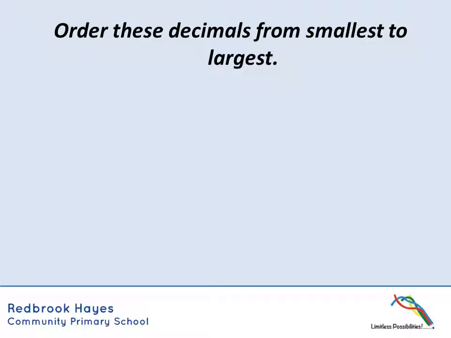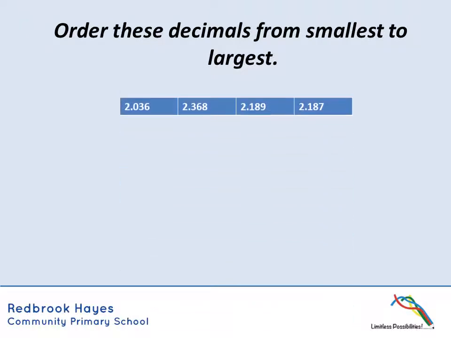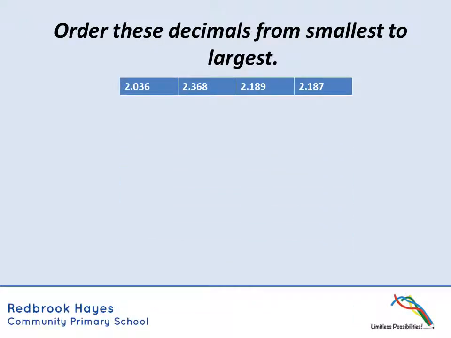So another type of question that you might come across with decimals is to order them, and I think we did this a couple of weeks back now. So let's try and order these four numbers here. Now, I think I said when we did this last time that I like to put them in a vertical column first, and that helps us to look at the digits much more easily.